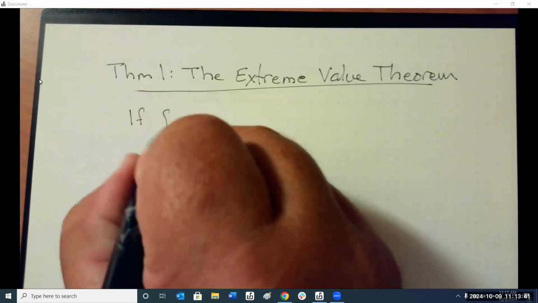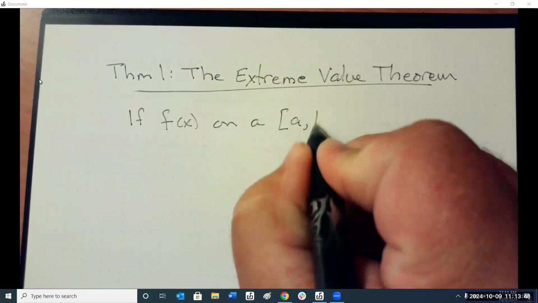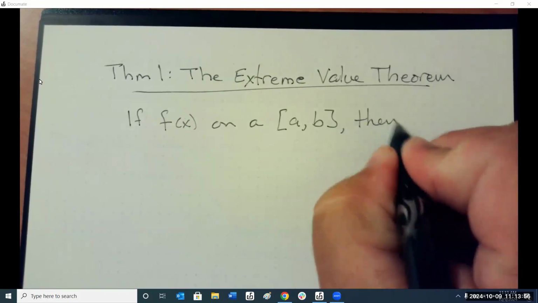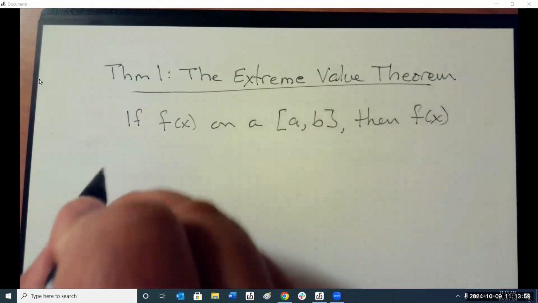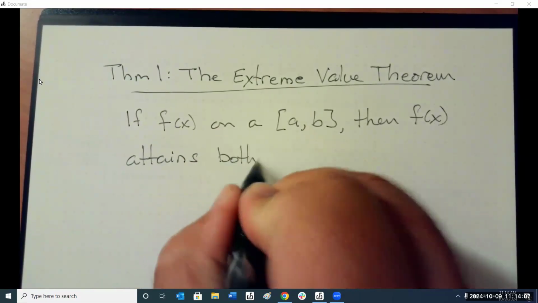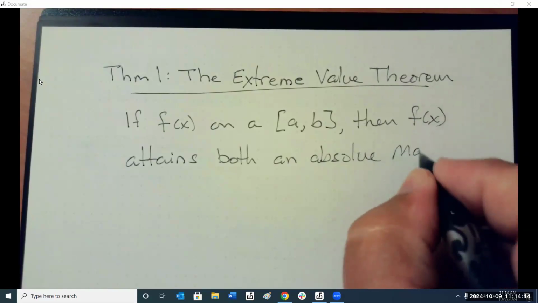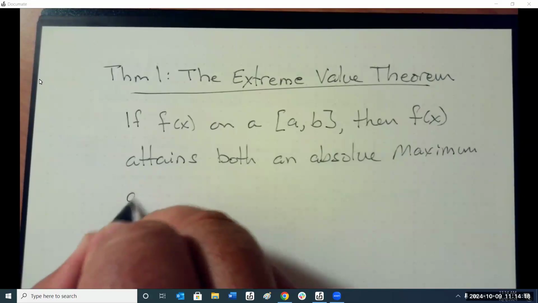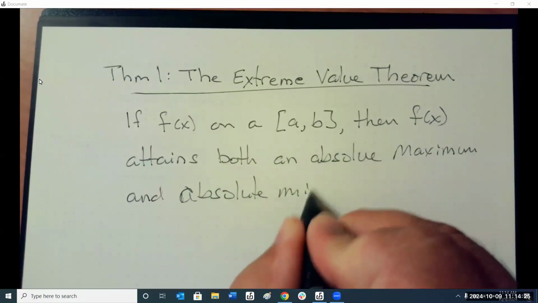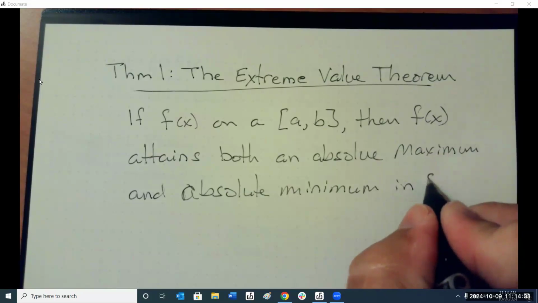If we have a function f of x on a closed interval, then the function attains both an absolute maximum and absolute minimum in that interval.